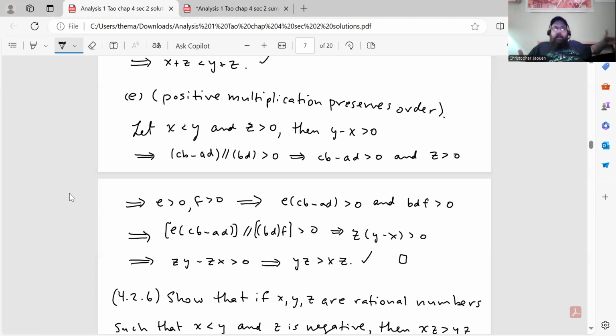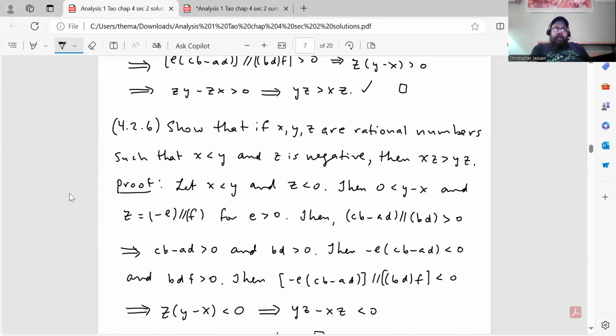Again, we're dealing with integers here, so we are allowed to work with the order relation on the integers. So that implies that e times (cb minus ad) over bdf is positive, which means that z times (y minus x) is positive, which implies that zy minus zx is greater than 0 by the distributive law for the rational numbers. And that implies that yz is greater than xz, and that's it.